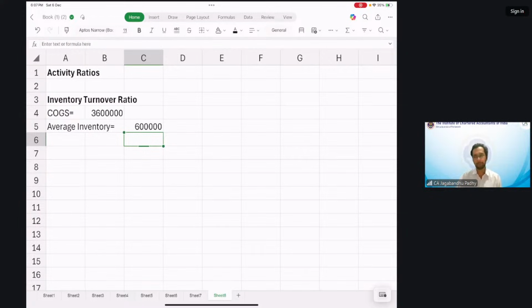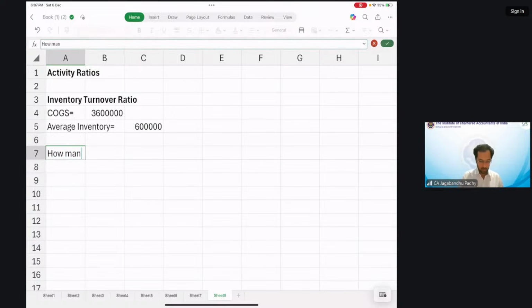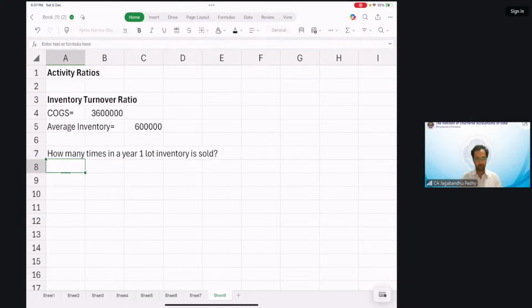So now, if I ask you, how many times in a year is one lot of inventory sold?